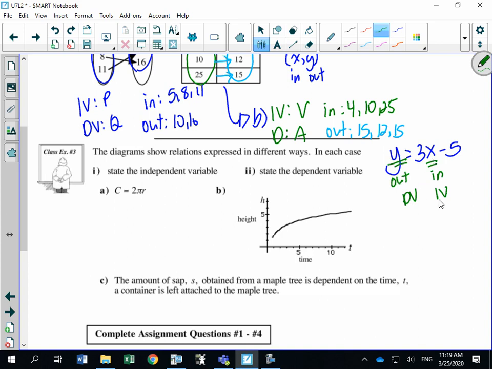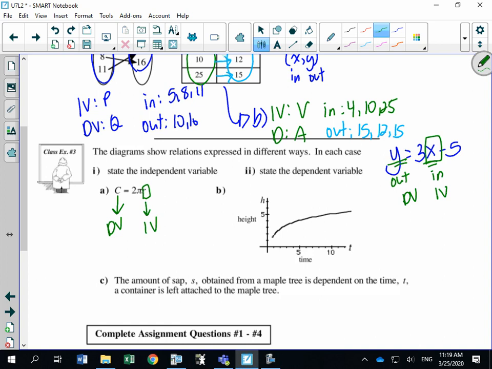Your input is always independent, and your y is your dependent. So according to this, it says state the independent variable. So I know that the independent variable in my equation would be the letter R. That's my input. And my output is my dependent variable. That would be C, dependent variable.